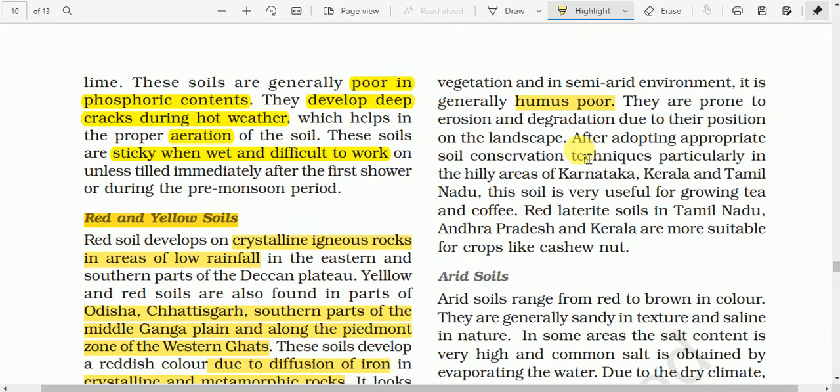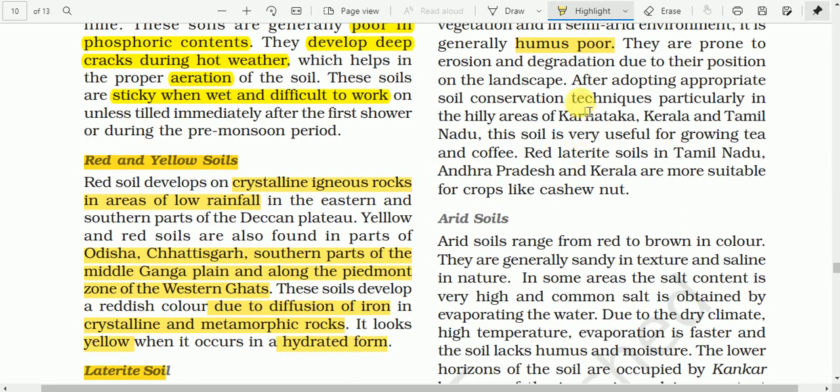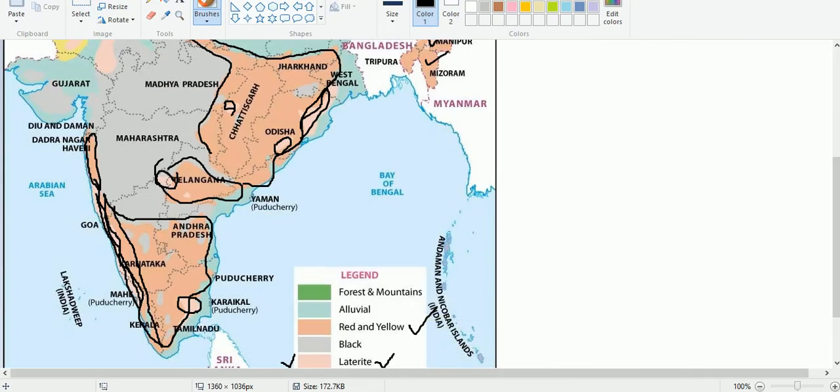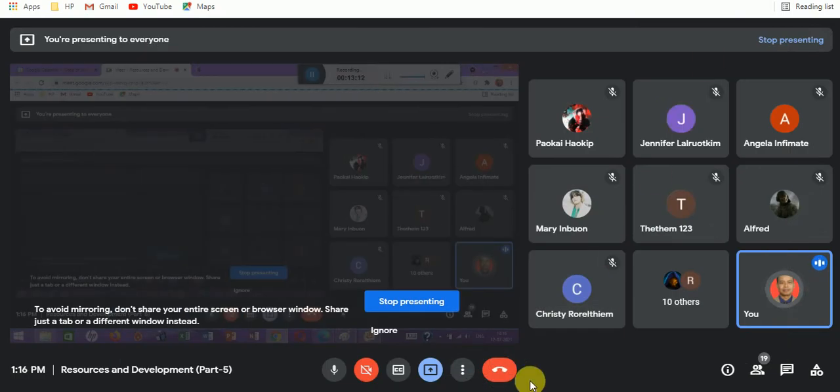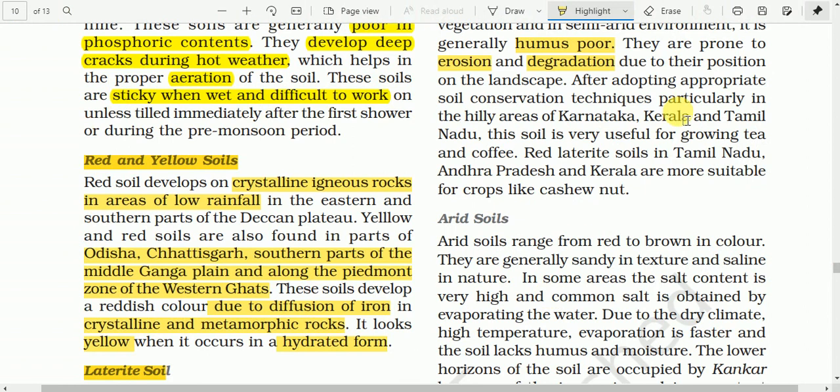Actually these laterite soils are prone to erosion and degradation due to their position on the landscape. Erosion depends on the type of landform. In areas of steep slope, it is prone to erosion.